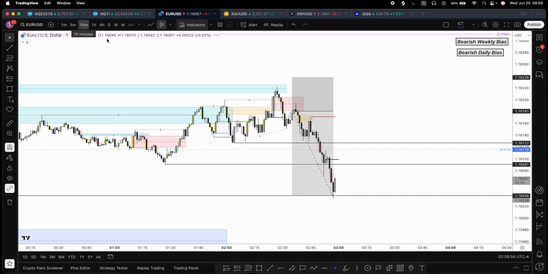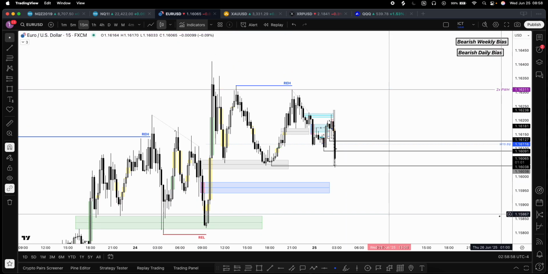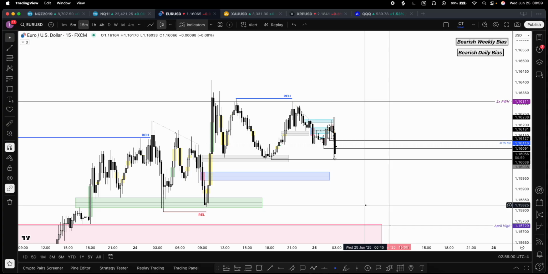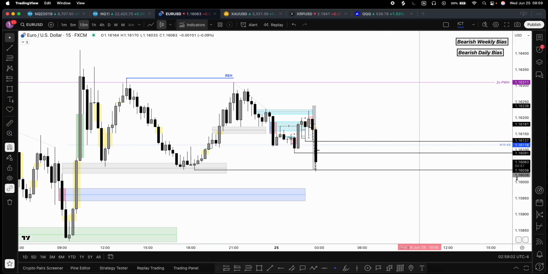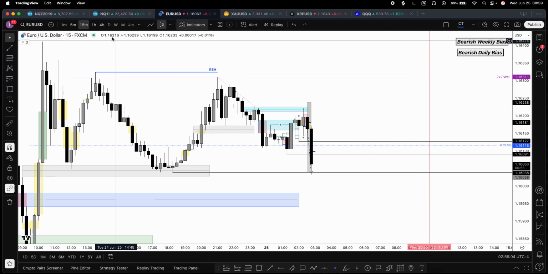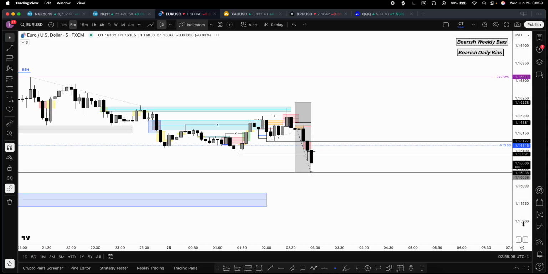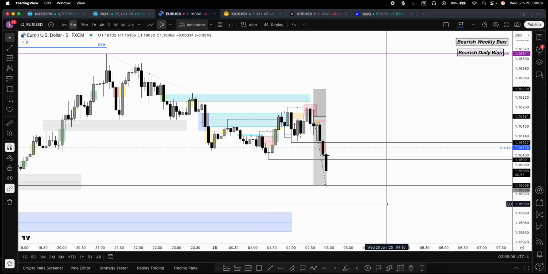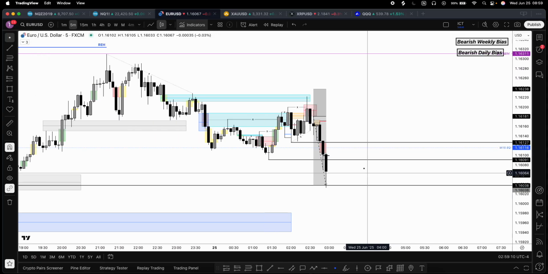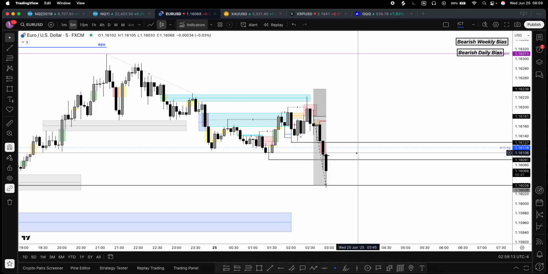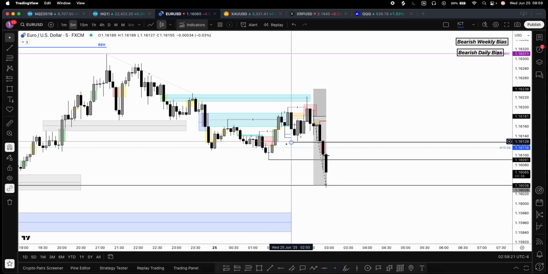Do I see another trade coming? At this point, there is kind of an entry model here.